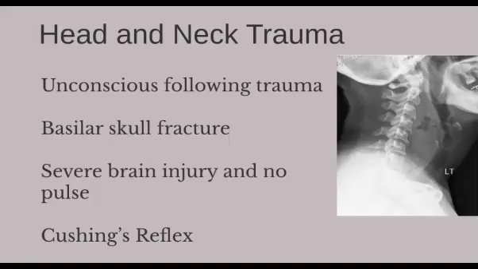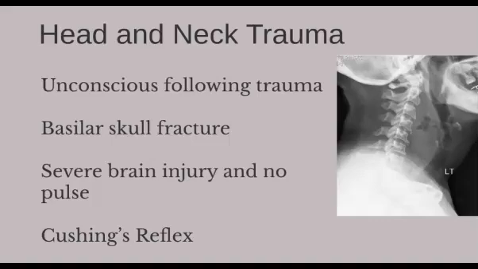Now, moving into Cushing's reflex. Cushing's reflex is a sign of increased intracranial pressure. Basically what happens is you have increased pressure inside that closed container. You have one tiny opening where your brainstem is, and it's pushing down on it.